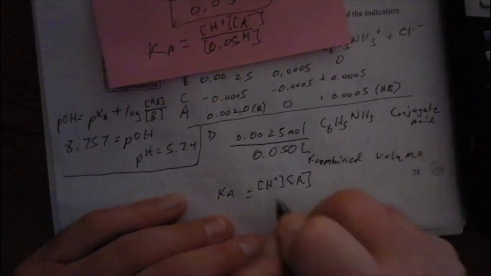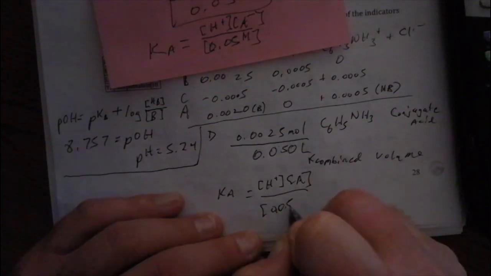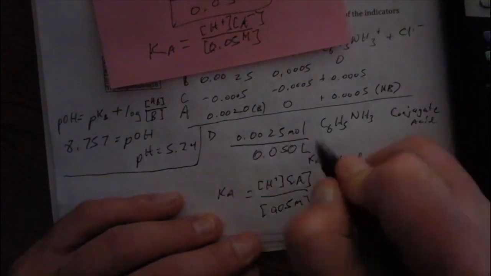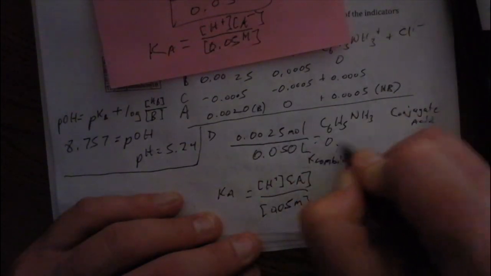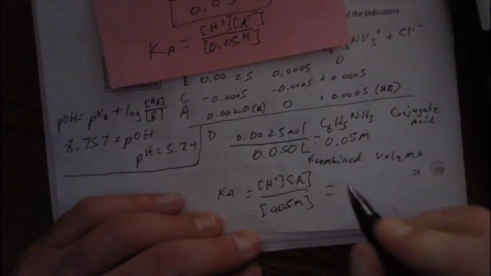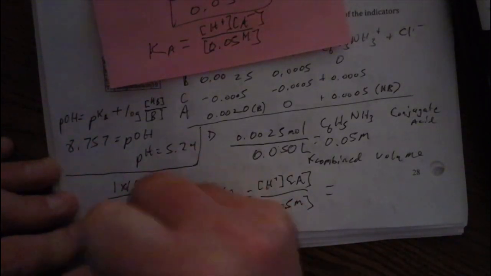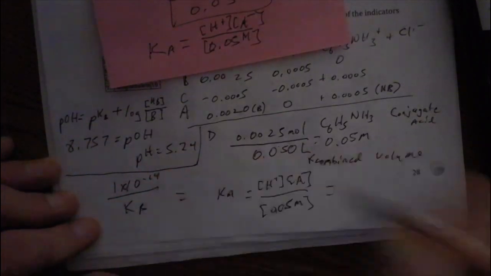I'm going to put this on the camera real quick. 1 times 10 to the negative 14th divided by Kb equals the Ka.